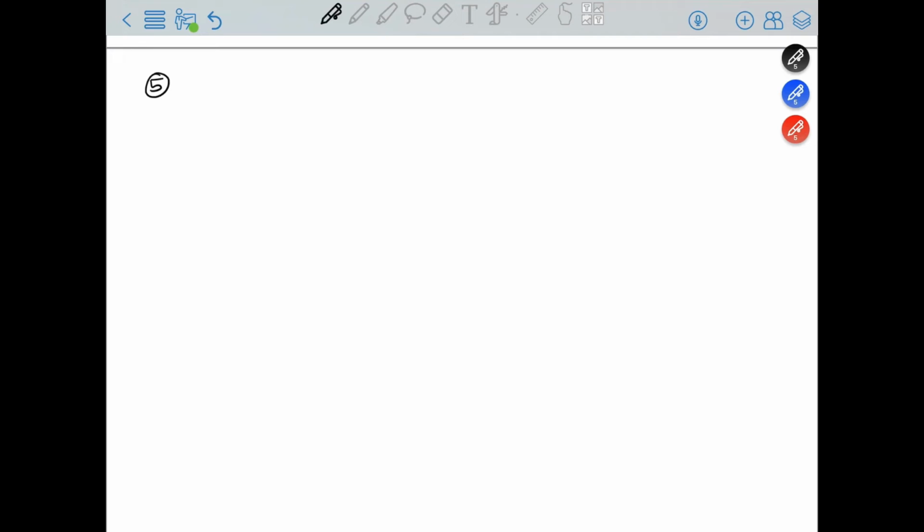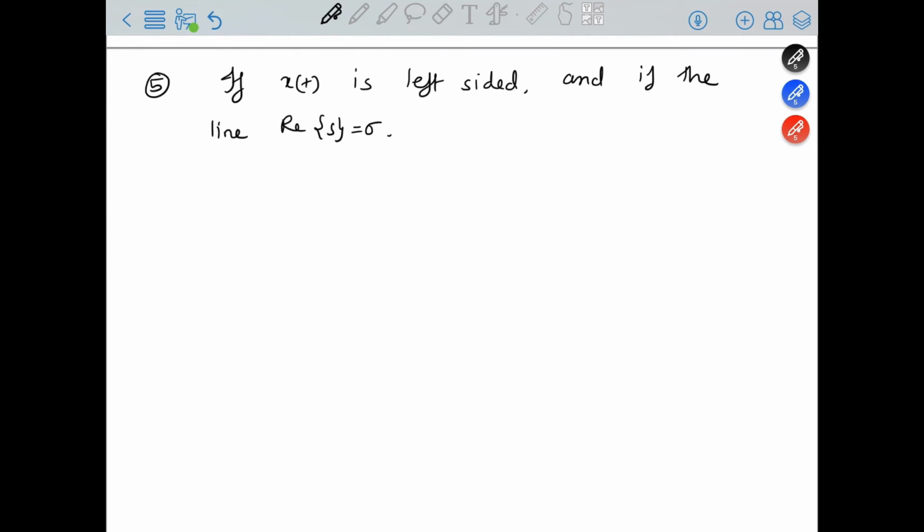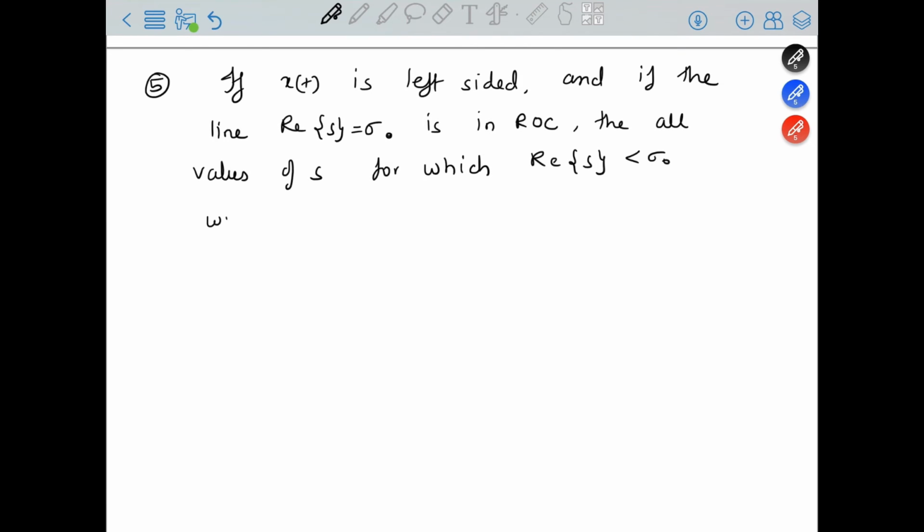The fifth property says that if x(t) is left sided, so now we have just changed the scenario, and again if the line real part of s is equals to sigma naught is in ROC, then all values of s for which real part of s is less than sigma naught will also be in ROC.